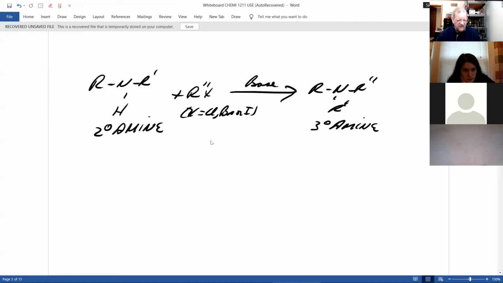So if we look at this, let's have some fun. Remember, the carbon, in this case, R double prime with the halogen, will be the carbon the nitrogen is bonded to, R double prime.